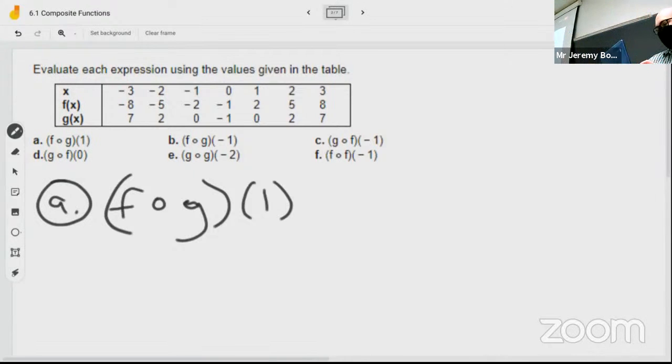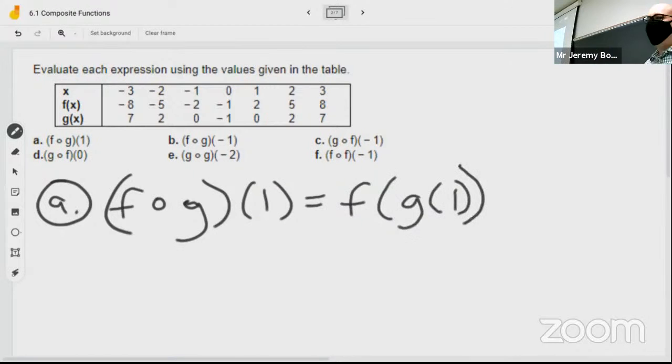Remember the definition said that F composed with G of 1 is the same thing as F of G of 1. Any questions on that?